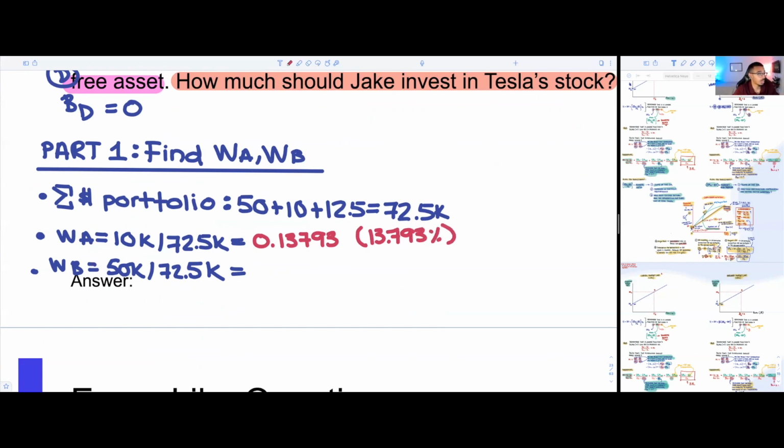And then for our asset B, it's crazy, we're going to have 0.68965, so 68.965%.